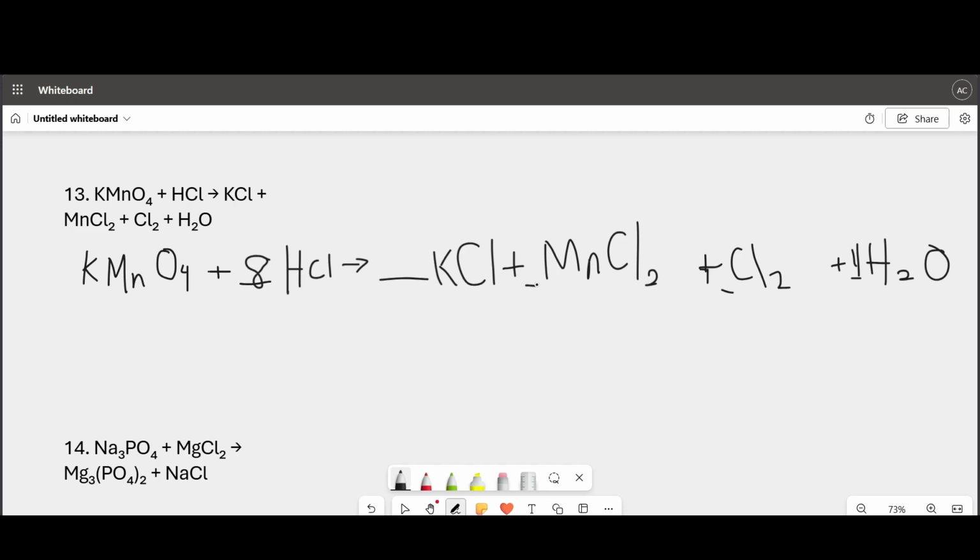Oh wait, let's balance the potassium first. There's 1 over here. Oh wait, no. So we have chloride, 2 chlorides here, 4 chlorides, 5 chlorides.